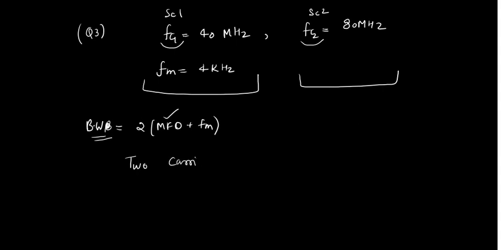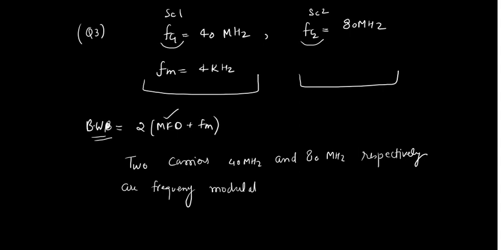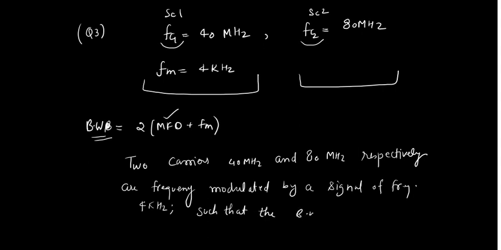Two carriers, 40 megahertz and 80 megahertz respectively, are frequency modulated by a signal of frequency 4 kilohertz such that the bandwidth of the frequency modulated signal in both the cases is the same.